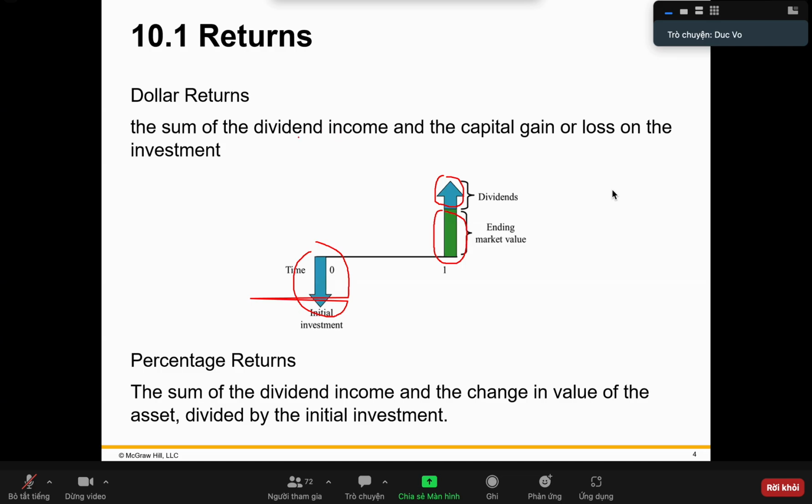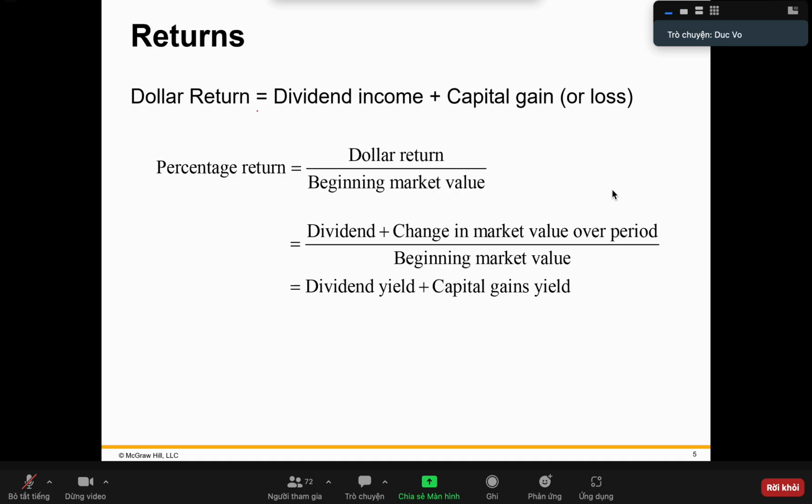The first component is the dividend you get, and the second component is the capital gain, if you are lucky to buy low and sell high. Right. So here is your dollar return. It includes dividend income and the capital gain. But if you buy high and sell low, then that becomes your capital loss. So that's the dollar return.